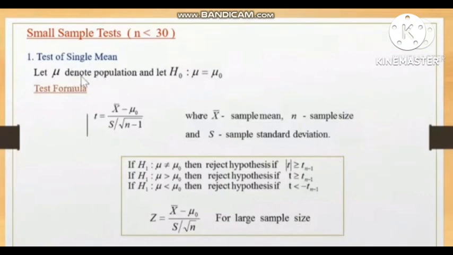a single mean, that is, if our null hypothesis is mu equal to mu naught. Now, one thing you notice here is that this is our test formula.